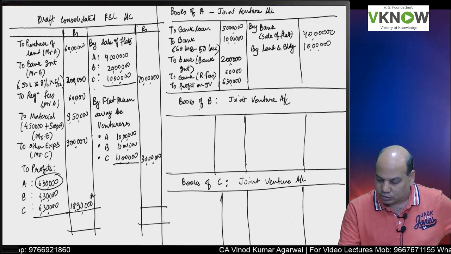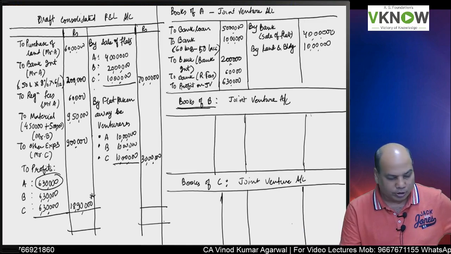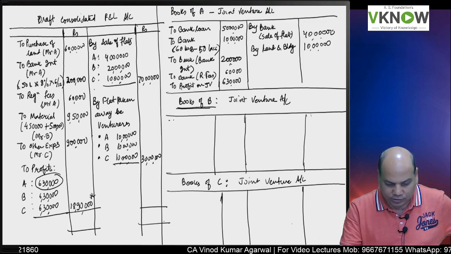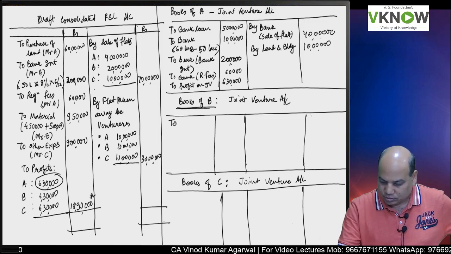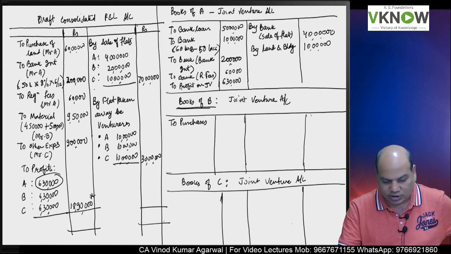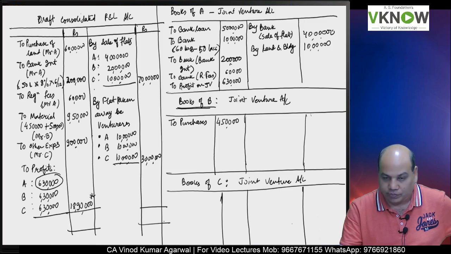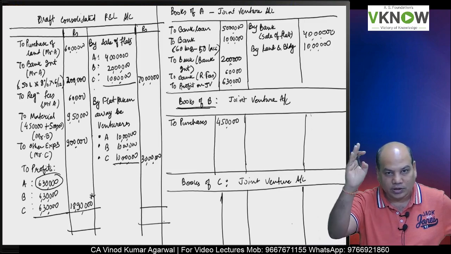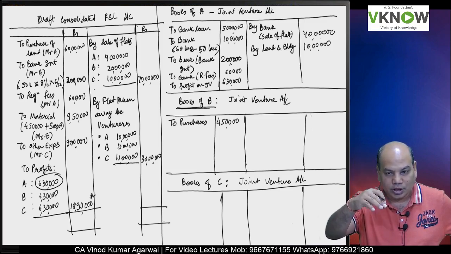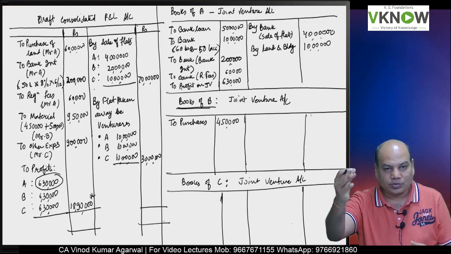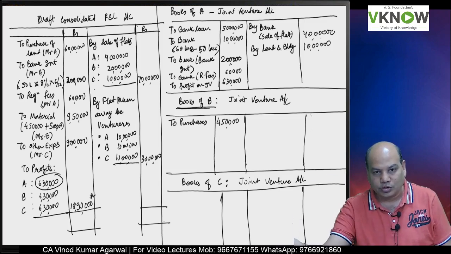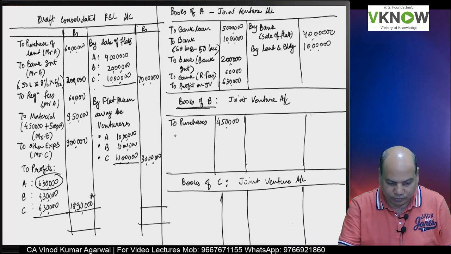Let us look at the question from B's point of view. B has incurred two expenses. One is he supplied material from his own resources, so his purchase account will be credited. When he purchased the material, his purchase was debited. Now he is supplying for joint venture, so purchases will be reduced to that extent.